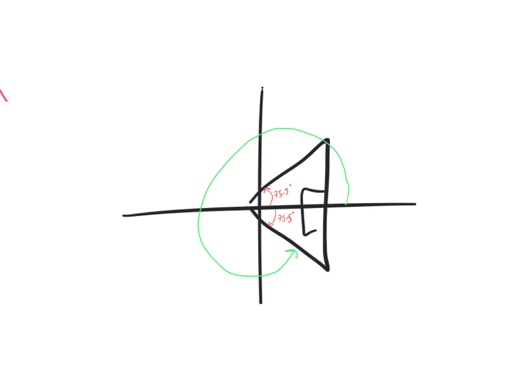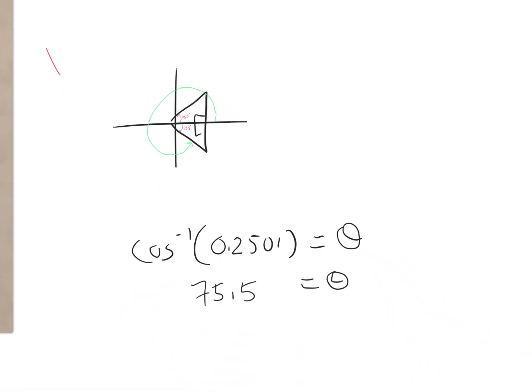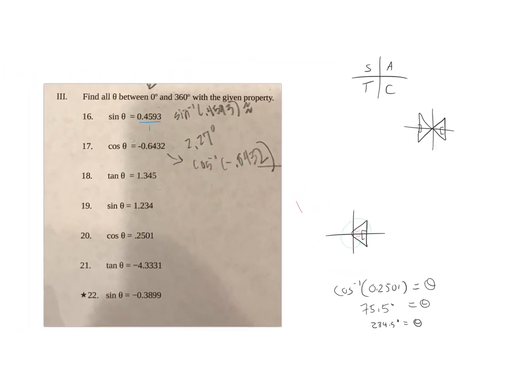I think my student recognizes that that would be a matter of a full revolution, which is 360 minus that 75.5. So 360 minus 75.5 is 284.5 degrees. So those are the two answers for that one.